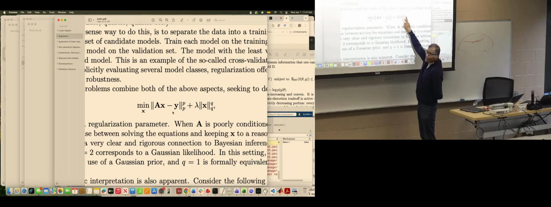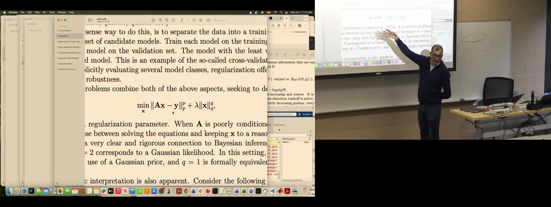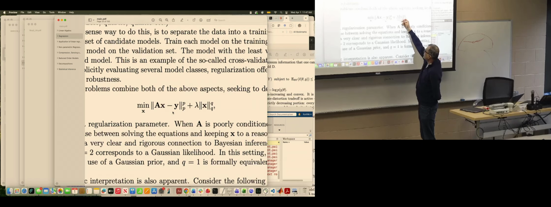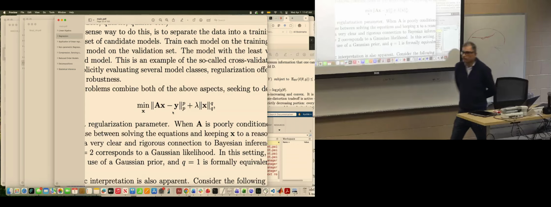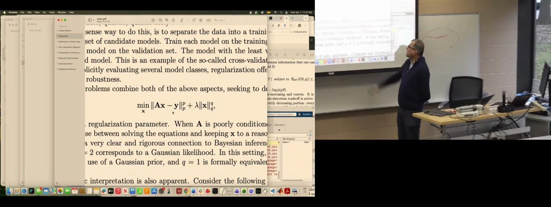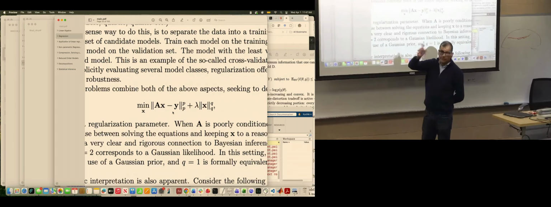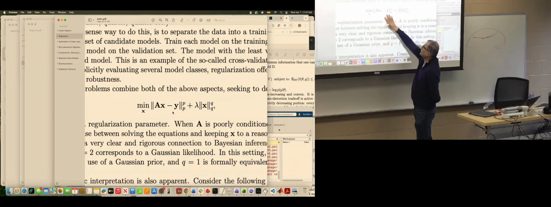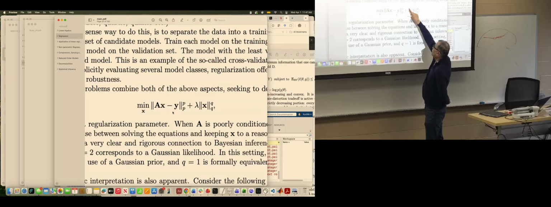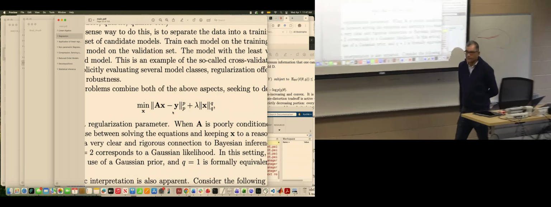Or you can have x minus x naught, so you're giving it some range. The strength of this lambda changes the balance. Think of this as the prior, think of this as your likelihood. If lambda is large, then you have more confidence in your prior, or more confidence in where you want to constrain your solution to be.